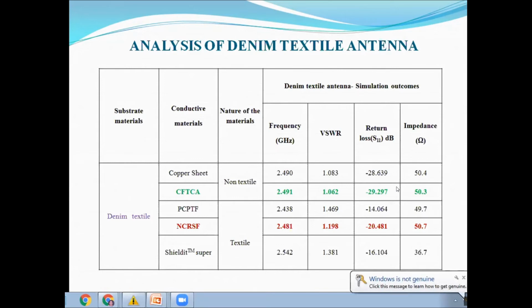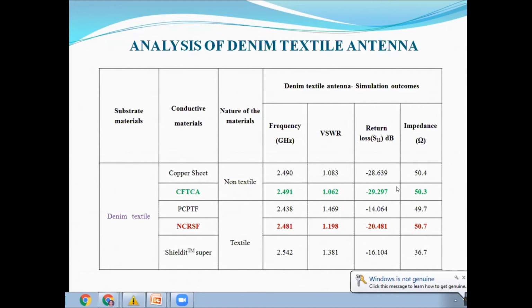Then only can we use it for radiation pattern testing, because radiation pattern testing is costly, starting from 5,000 and varying. So textile antenna fabrication is very cheap, but the analysis and testing that we are doing is a little bit costly.